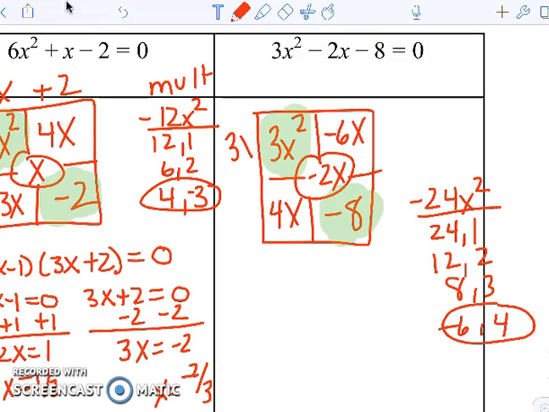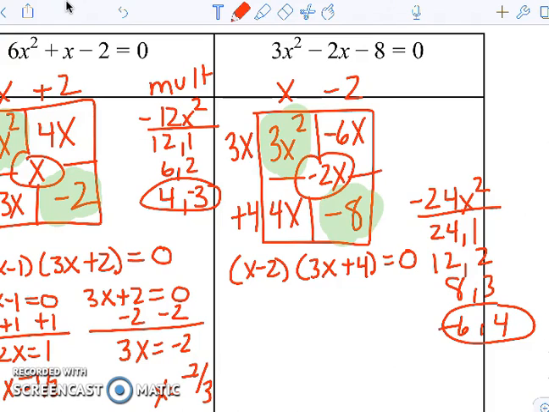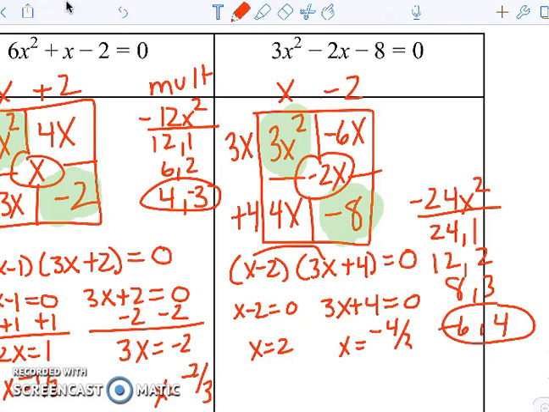So now we have 3x times x minus 2, so this would have to be plus 4. So it factors into x minus 2 times 3x plus 4 equals 0. So x minus 2 equals 0, 3x plus 4 equals 0. So solving these, we have x equals 2. And let's see, we subtract 4, and then we divide by 3, so negative 4/3.